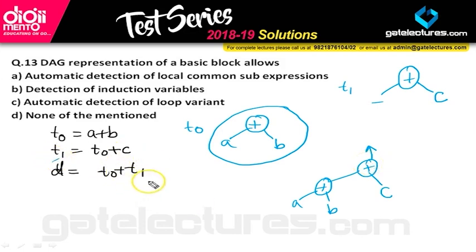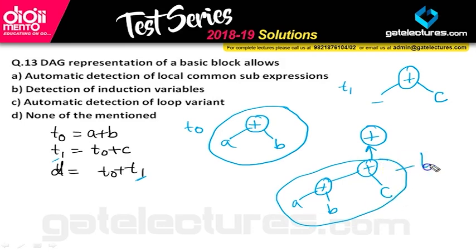T1 is this, complete this one, and we are adding it with T0. We have already calculated our T0, right? So we are directly adding it like this. This is how the DAG will be made for this.